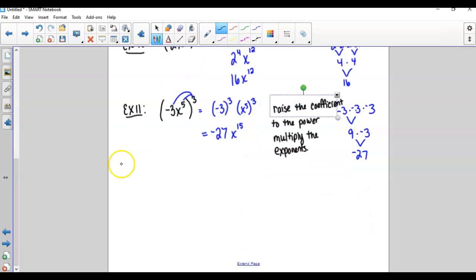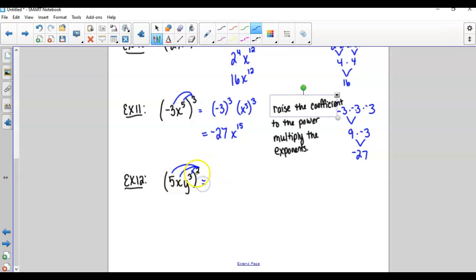Alright, so let's do one more. Let's look at what happens when we have more than one variable inside of our parentheses. So let's say that we have 5xy to the third raised to the, let's go second power here. Okay, so whenever we do this, we're raising every piece to the second power.